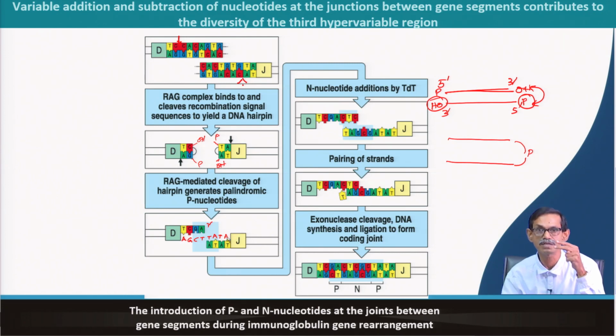So, 4 extra nucleotides came in between this V and J junction that were not there before.